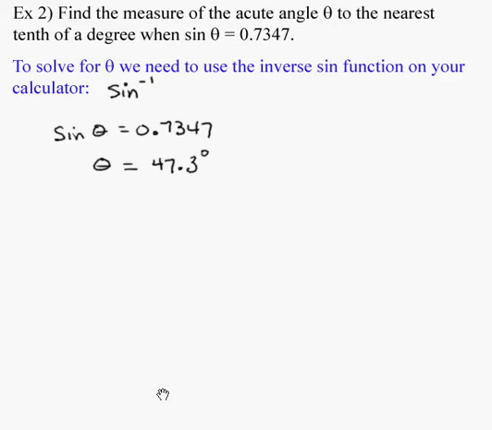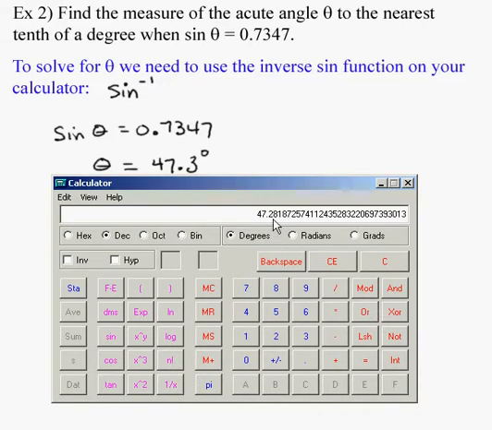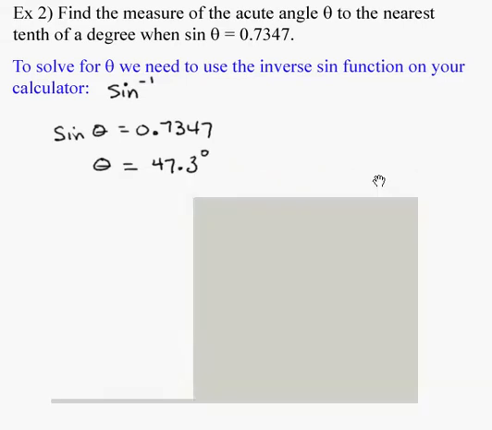So that was 47.3, approximately 47.3 decimal degrees. So the mystery angle we started with was 47.3 degrees. We hit the sine button, ended up with 0.7347. So what we just did is we used the inverse sine button as well.